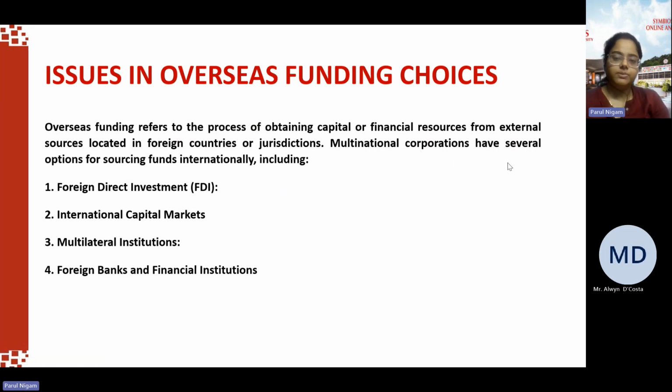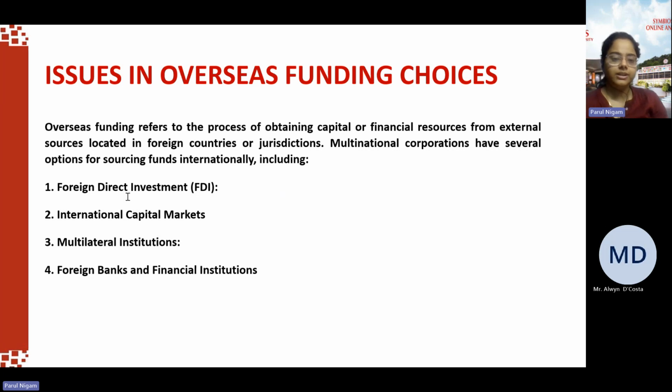So multinational corporations have several options for sourcing funds internationally, including FDI, international capital markets, multilateral institutions, foreign banks, and financial institutions. Okay, so FDI is foreign direct investment.